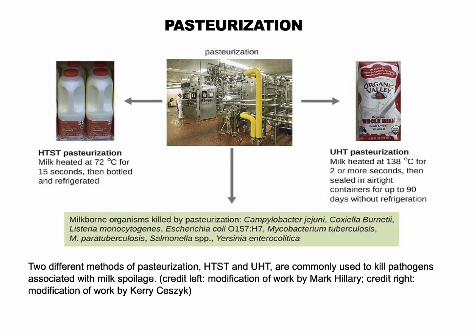This process effectively kills pathogens and reduces spoilage-causing microbes while preserving the overall quality of food. It is most commonly applied to milk and other heat-sensitive products like apple juice and honey. Despite its effectiveness, pasteurized products are not sterile and will eventually spoil.